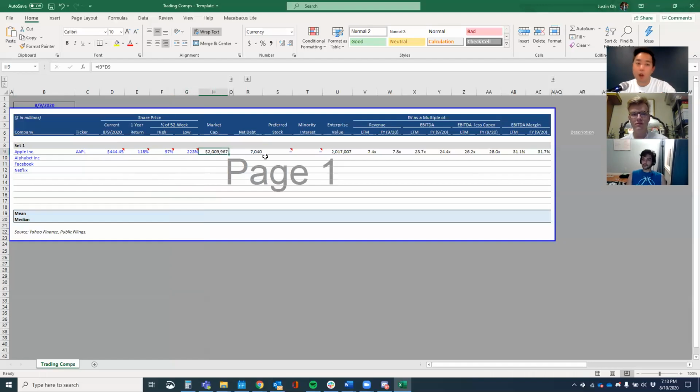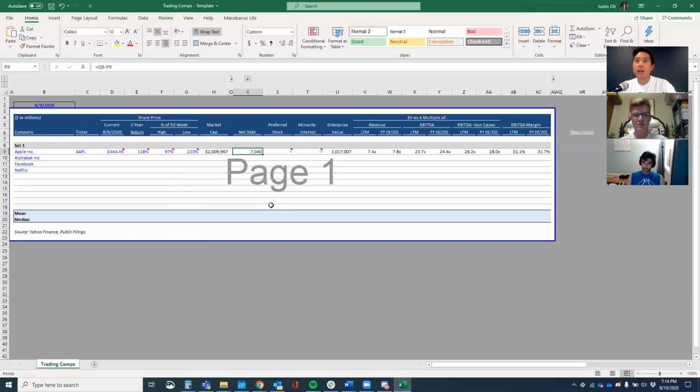And then there's market capitalization, which is the value of all of its equity. And then the net debt, which is the value of all of its debt minus cash. The reason we do net debt is that conceptually you have a bunch of debt outstanding that you owe lenders, but you also have cash on your balance sheet.